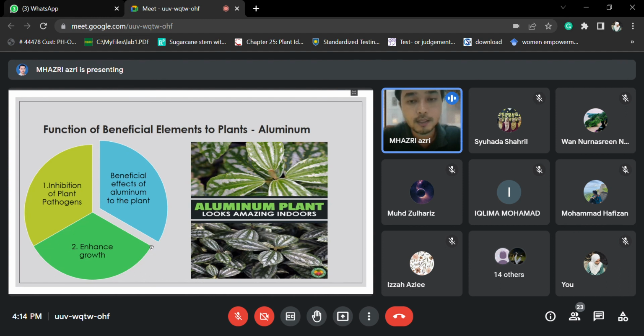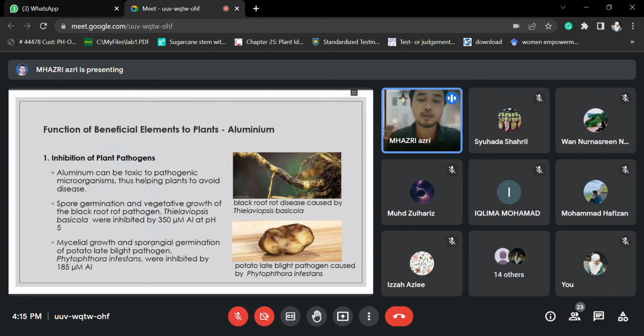There are two mechanisms of how aluminium can be beneficial to the plant. First, it can inhibit plant pathogens, and the second one, it can enhance plant growth. So how can aluminium inhibit pathogen attack? Aluminium can be toxic to pathogenic microorganisms, thus helping plant to avoid the disease.